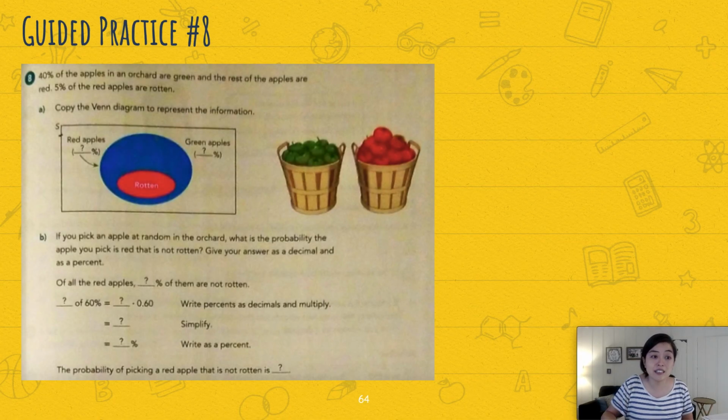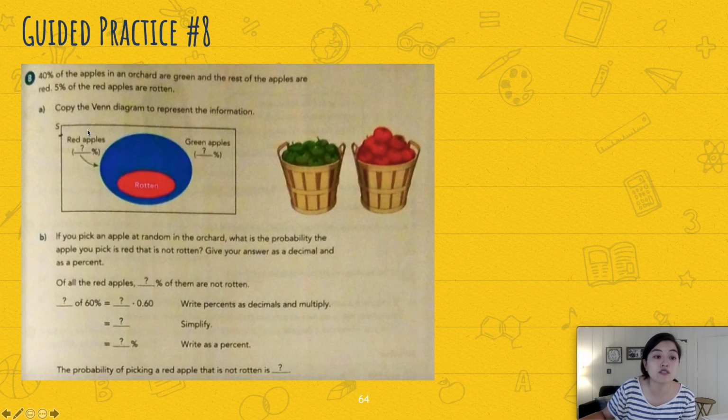All right. Let's look at 8. We have 40% of the apples in an orchard are green. The rest of the apples are red. 5% of the red apples are rotten. So this is our Venn diagram. It's a sample space of the apple orchard and the types of apples we have.